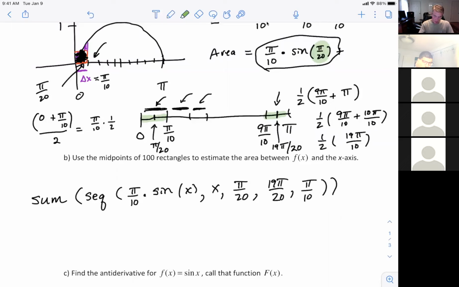So it's basically always going to be the sum sequence, and then this is the delta x, and then whatever the function is, f of x, tell it x is the variable, where to start, where to stop, and the delta x.